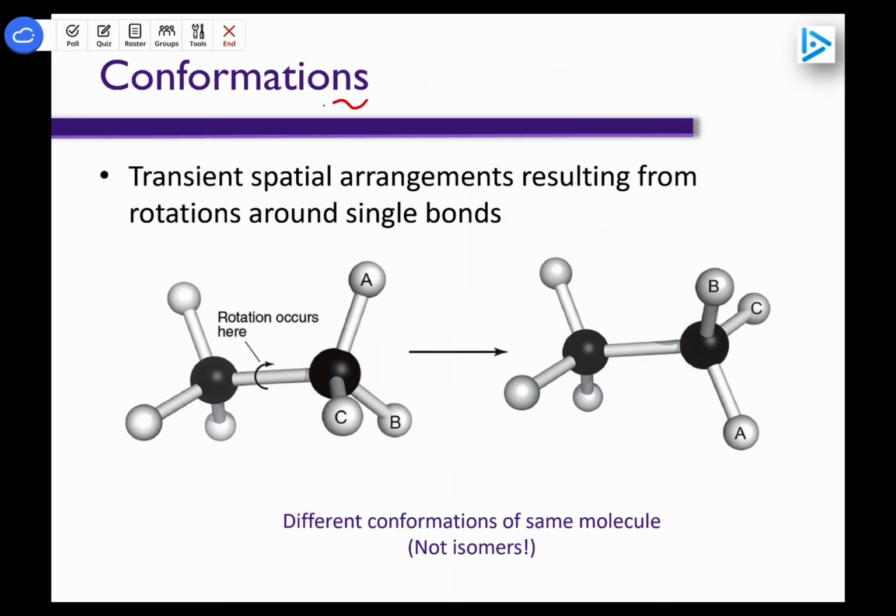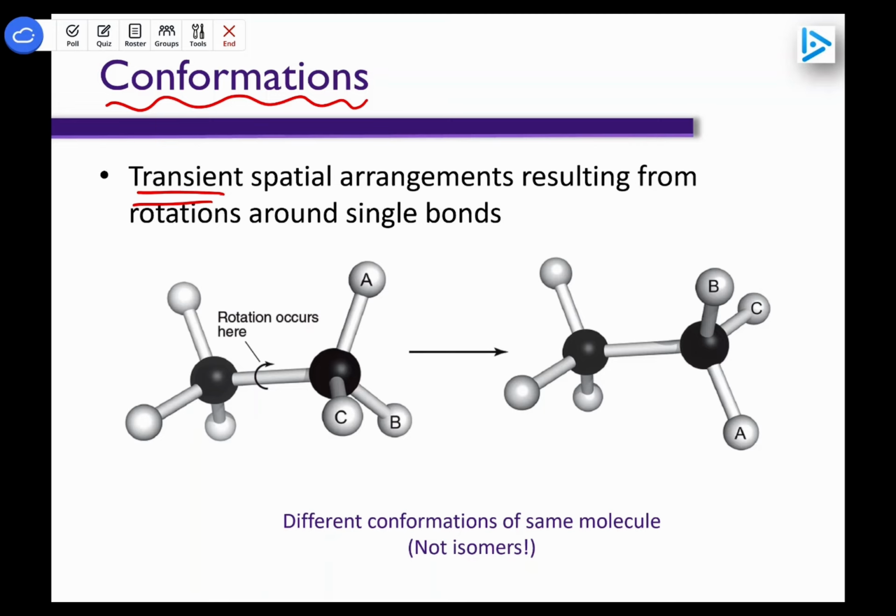So here we have our definition of a conformation. These are transient. So it doesn't mean that this molecule stays like this forever or like this forever, but they can be rotating all the time. So they're transient, they're short-lived. They're spatial arrangements, so just pointing in different directions, but it's the same molecule. This is not an isomer, so make a really big star in your notes.